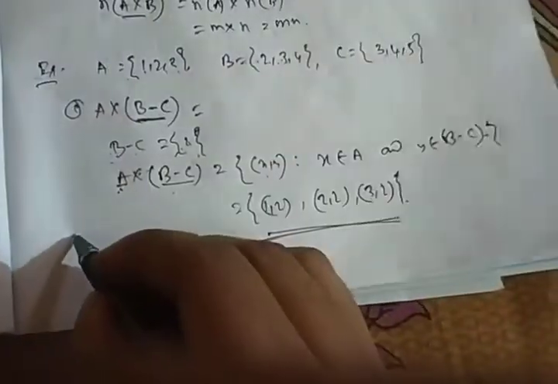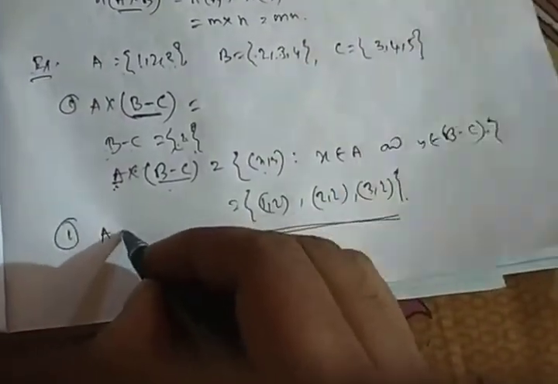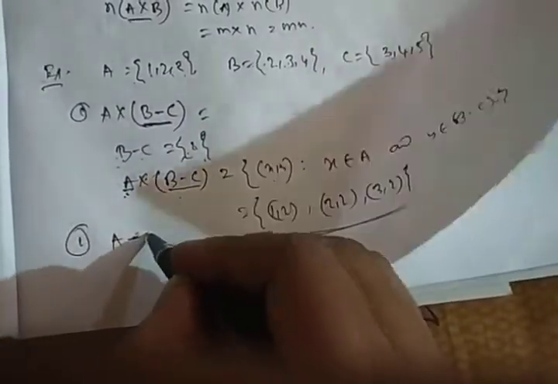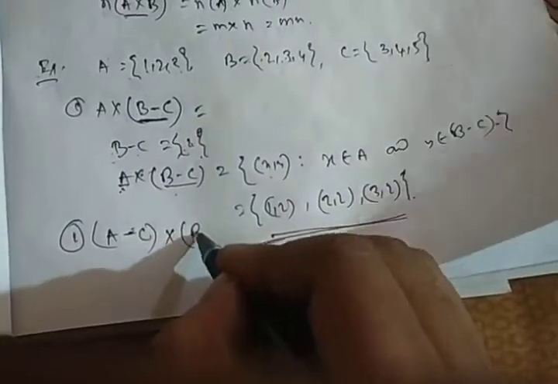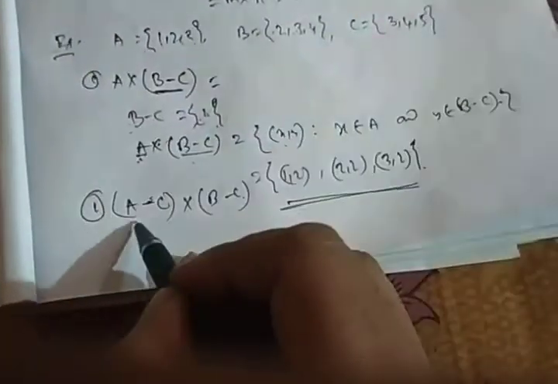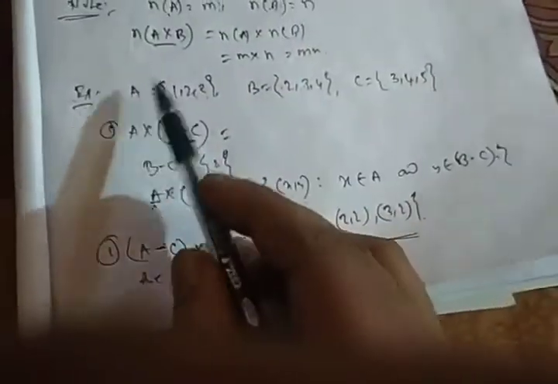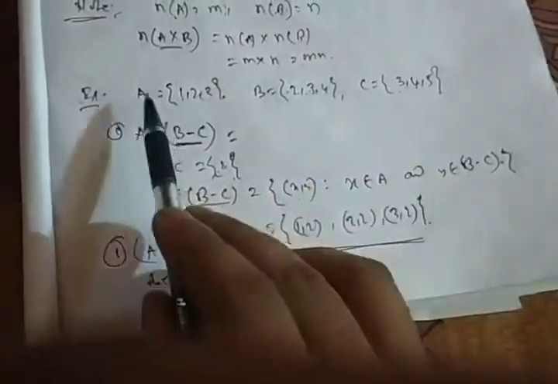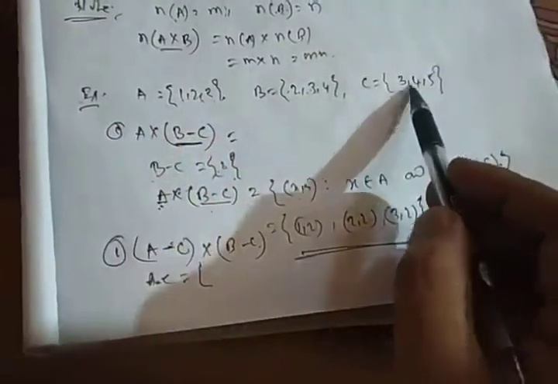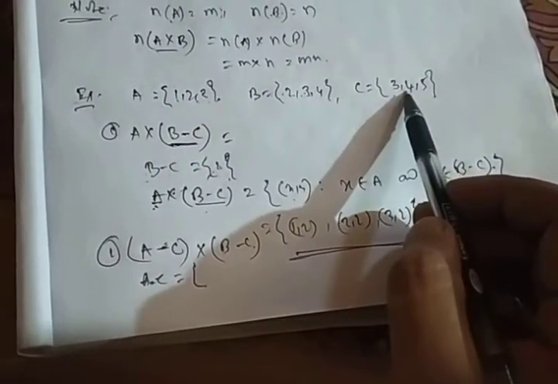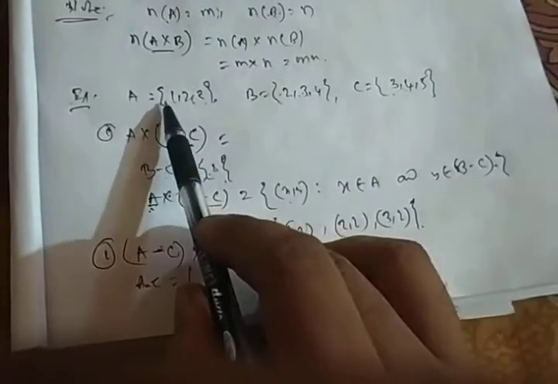Also, if we want to find (A minus C) cross (B minus C), then first we have to calculate A minus C. A minus C will be the elements in A which do not belong to C, which are 1 and 2.